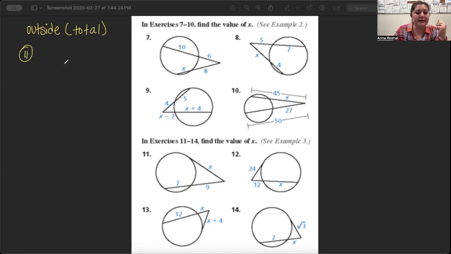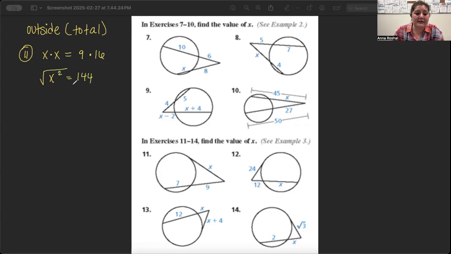So for example, in problem 11, I'm going to do x times x because it's the outside times the total, and that's going to equal 9 times 16. So I'm going to end up with x squared is 144.